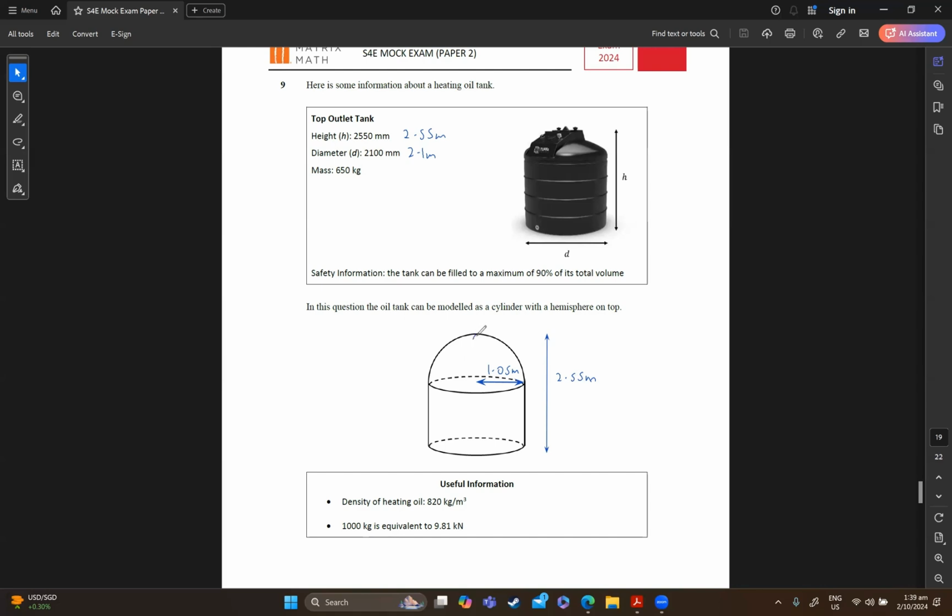Okay, so given this hemisphere, the height of the hemisphere is also the radius, which is 1.05, which means the height of your cylinder here is 2.55 minus 1.05. So it's 1.5. So the height over here is 1.5 meters.